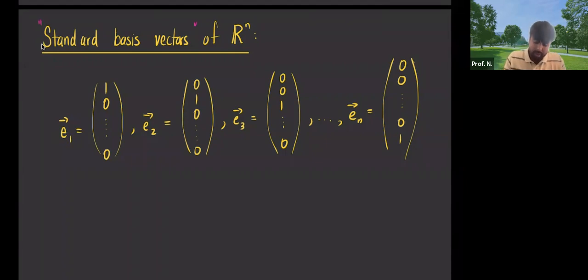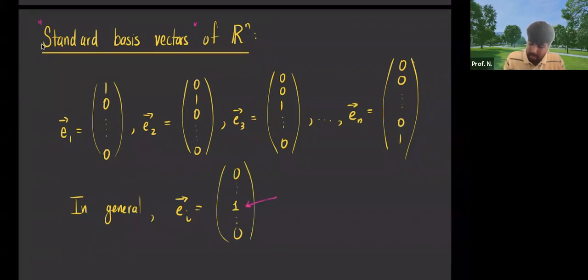And so in general, E sub i is where you have zeros all across everywhere except for the ith entry. That's all a standard basis vector is. That's all it is.